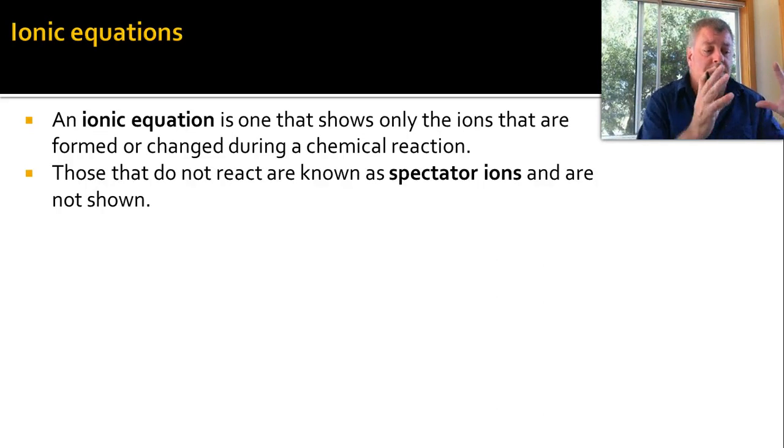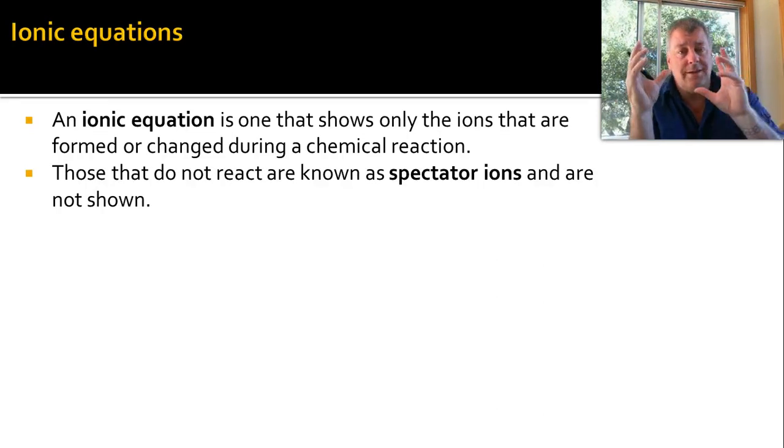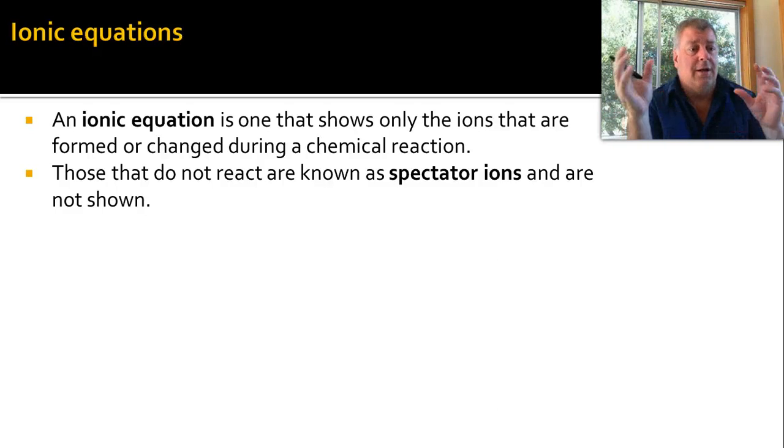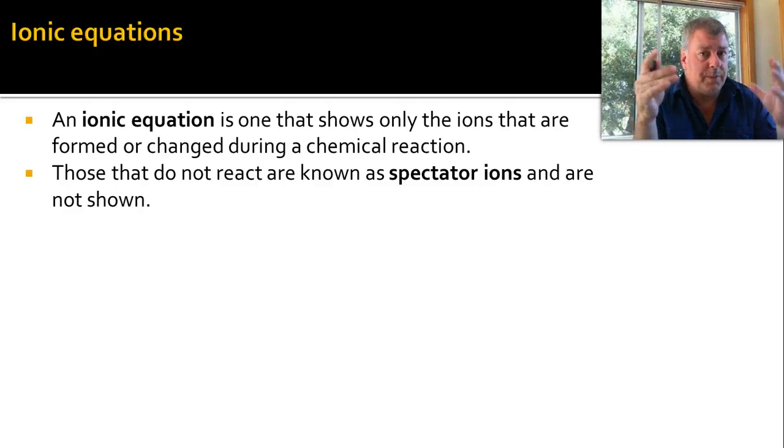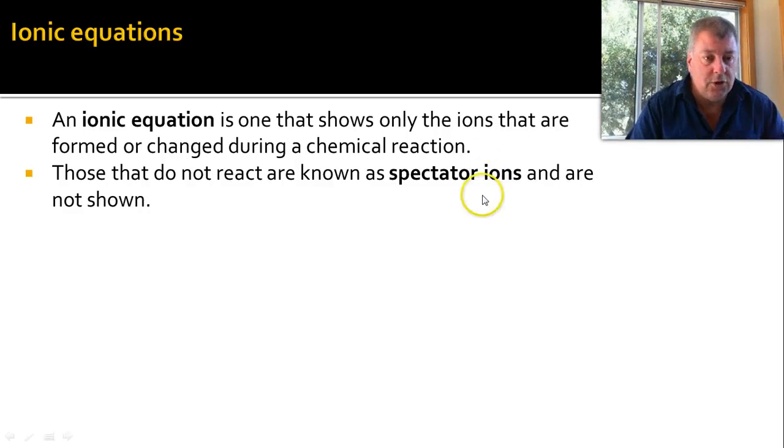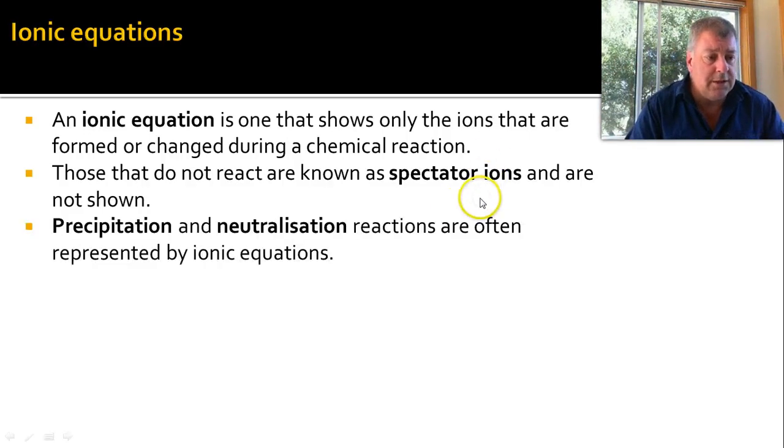If they were there before the reaction and they're exactly the same after, nothing has happened to them chemically, and so they're referred to as spectator ions. If something has changed from, say, being neutral to having a charge, that's a chemical change, and therefore it has to be in the ionic equation. We'll do a couple of these to get an idea for them.